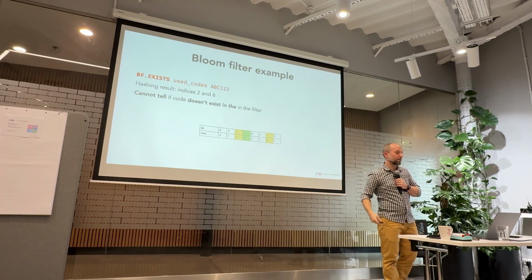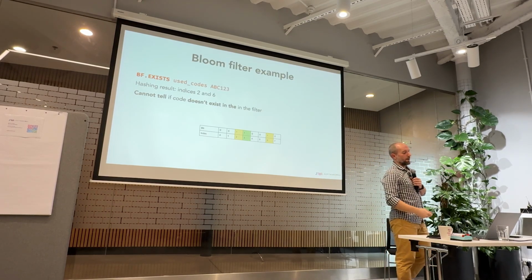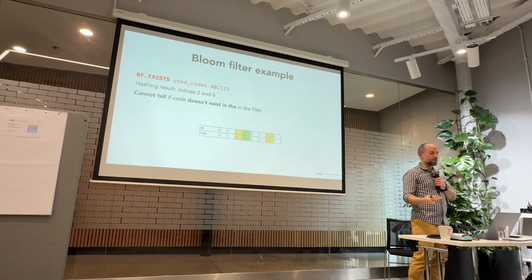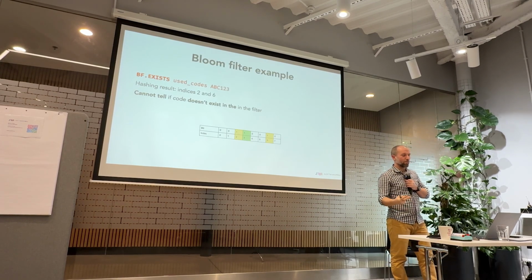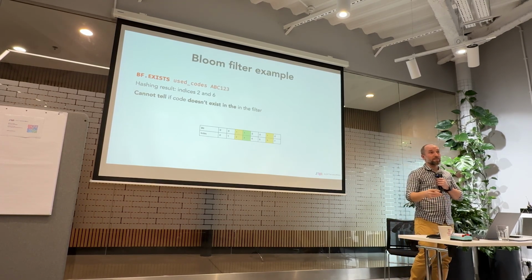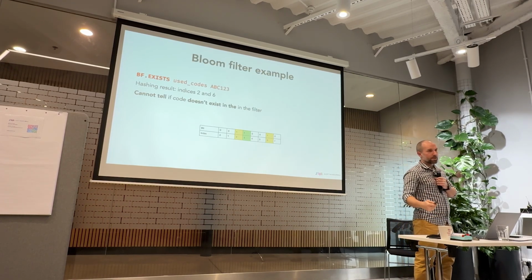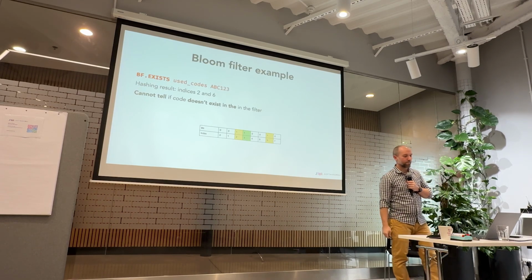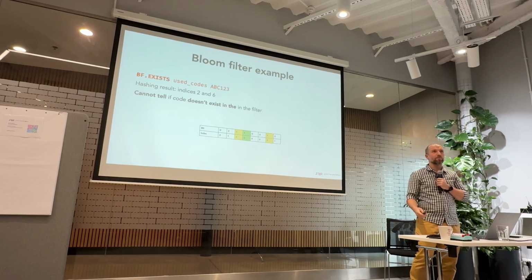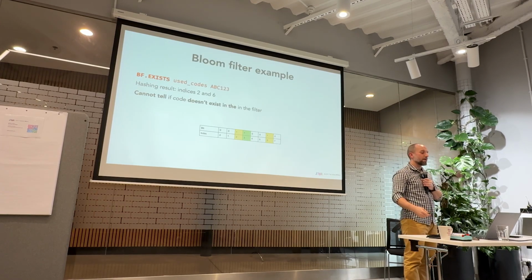That's why, if all of the hashing function indices are set to 1, we cannot really tell if it's that element that is there or if there are more that flipped the index. So in this case it cannot be sure to tell you whether the element is in the filter.